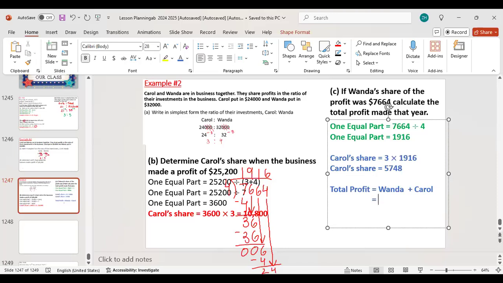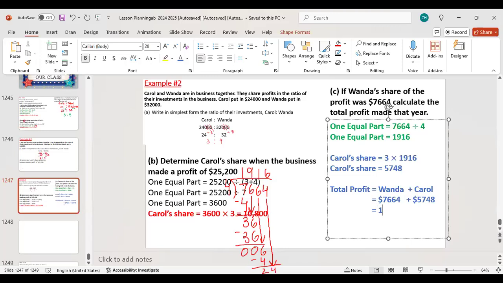Wanda's share is 7,604. Carol's share is 5,748. We add them together. 7,604 plus 5,748.